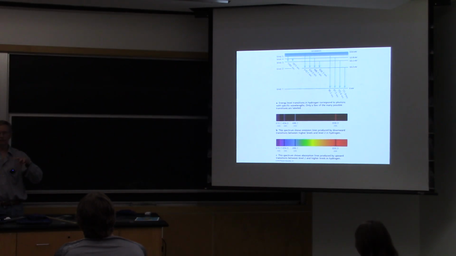What fraction of the hydrogen atoms have had their electrons stripped from them? Or if it's carbon, how many electrons does carbon have? Do you remember? Carbon is which element? 6.